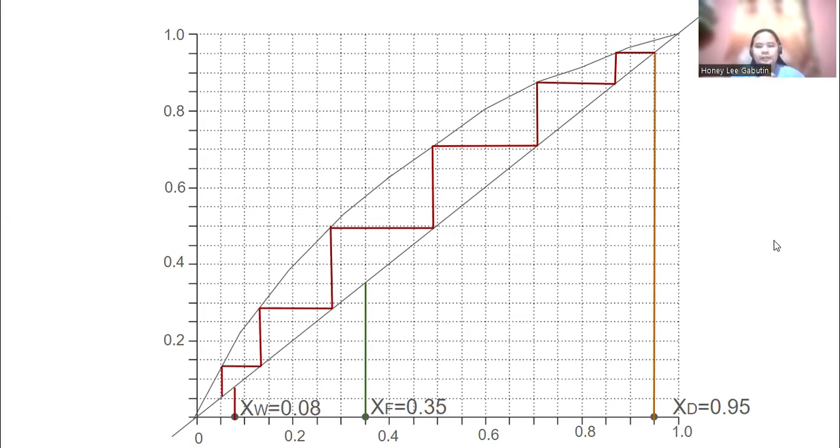This process is repeated until it reaches the point of the xw. So we have stages 1, 2, 3, 4, 5, and 6. Therefore, the minimum number of stages is equal to 6.